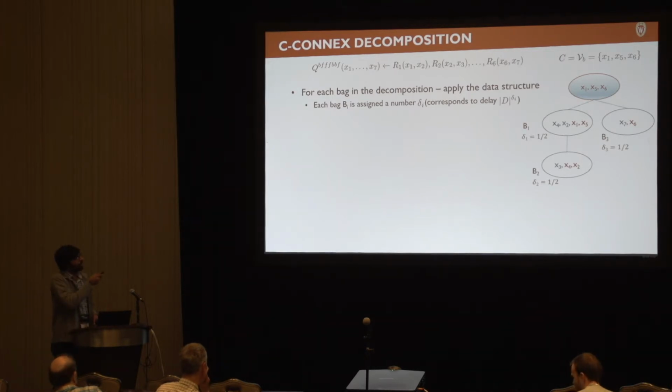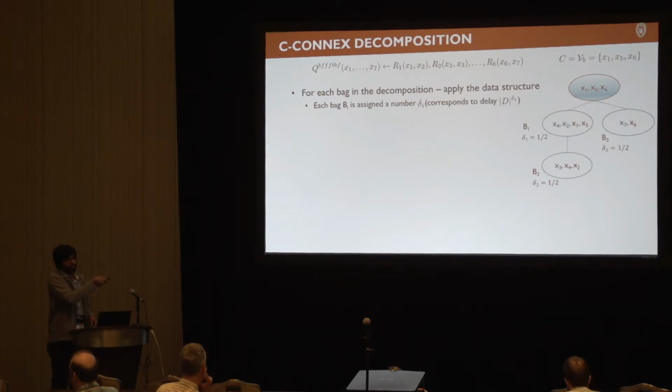Intuitively, this is what is going to happen. I will enumerate this particular C-connex decomposition in pre-order fashion. I will reach this particular B1 bag. For a given instantiation, for a given x1, x5, I will find a valid valuation for x4, x2, and this x4, x2 now acts as the bound variables for the next bag. As I'm going down the tree, I'm discovering valuations for these free variables, which will subsequently act as bound variables for the bags below.